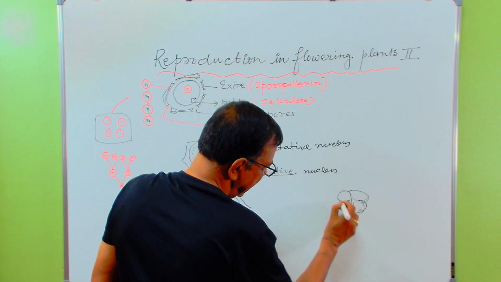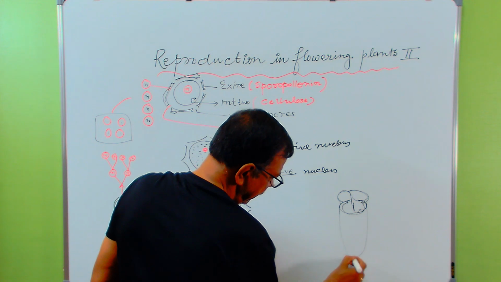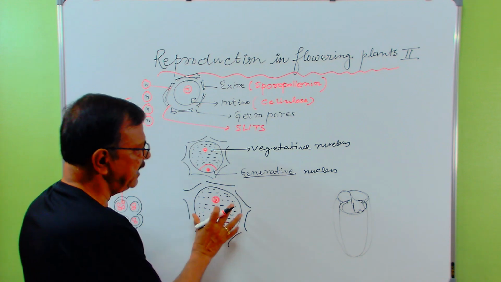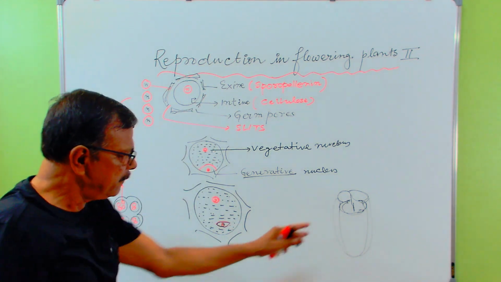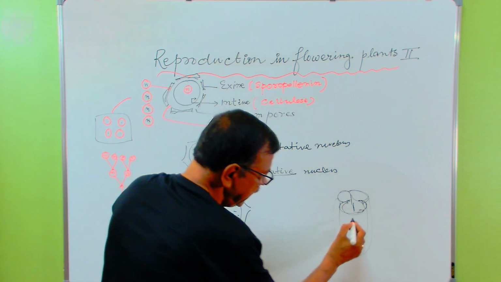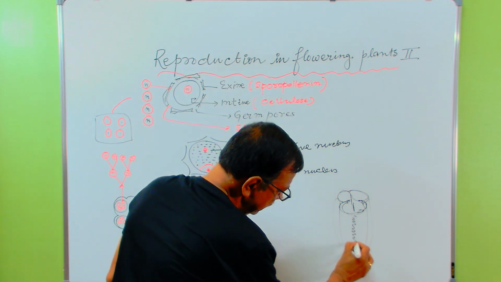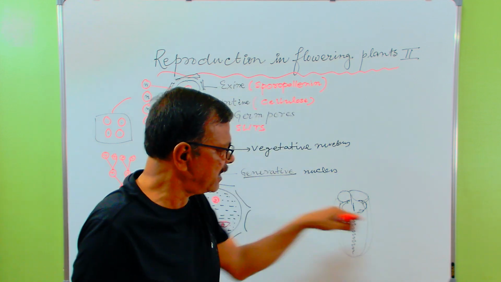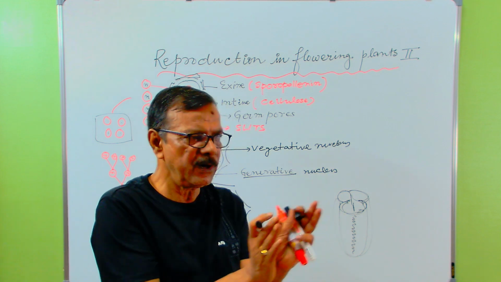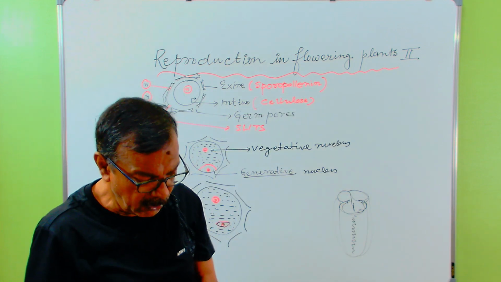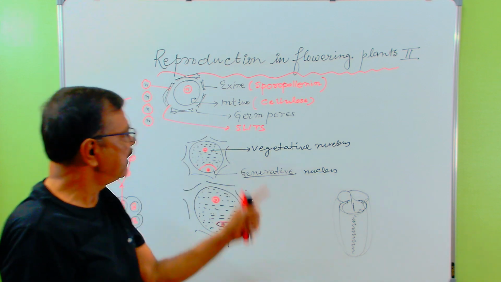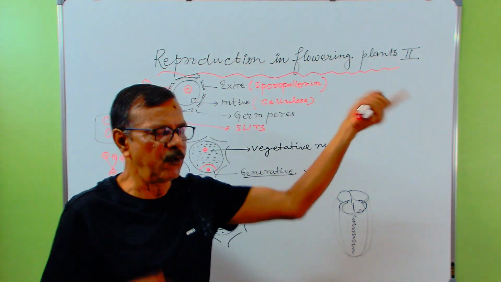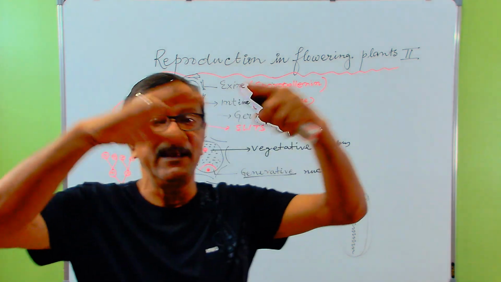So this anther at this two cell stage of this microspore, the anther splits longitudinally. It splits like this. So not transversely, it will split longitudinally, exposing or dehiscing or ejecting the microspores. Ejecting, this two cell stage will flow in the air.